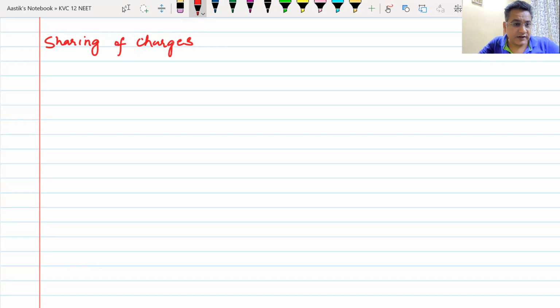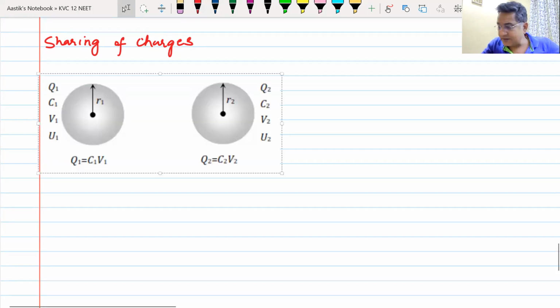Initially we will see the charge, the capacitance, and the voltage of the conductors. So how does the initial condition look? The initial condition looks like this, which is coming on your screens now.